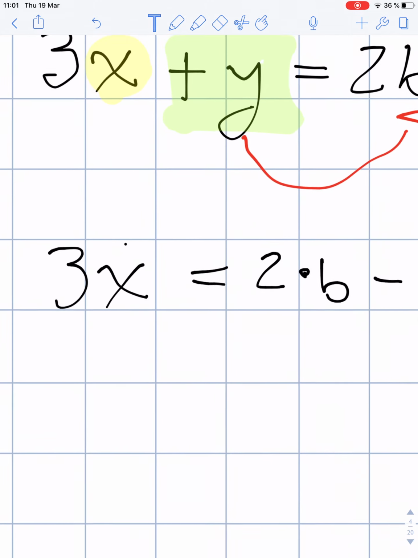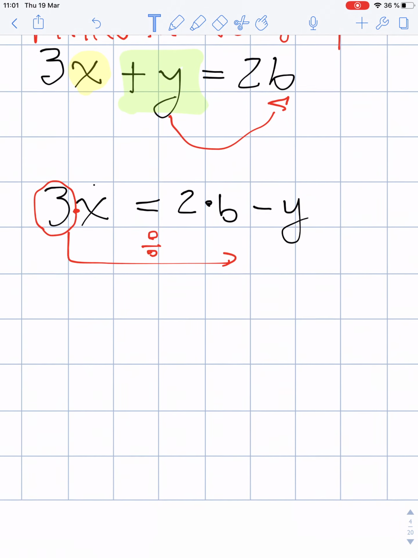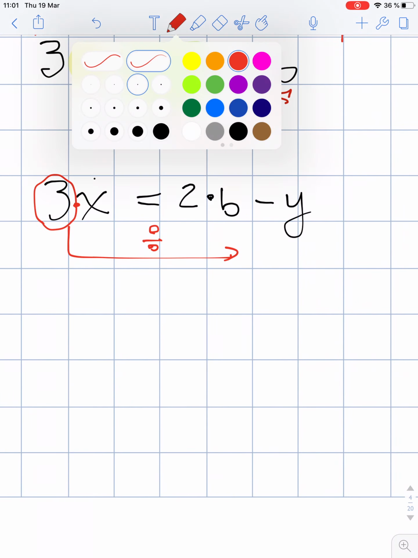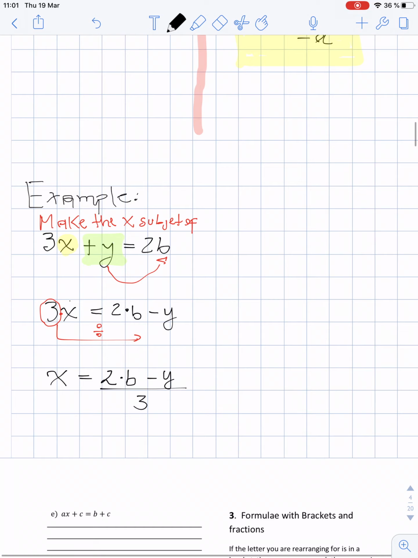Finally, if you see the expression with the x, we have a multiplication because we have together the variable and the number, and that means we need to move the 3 that is multiplying to the other side to divide. That means the final expression for x is x equal 2 times b minus y divided by 3. And finally, that is the answer of this expression.